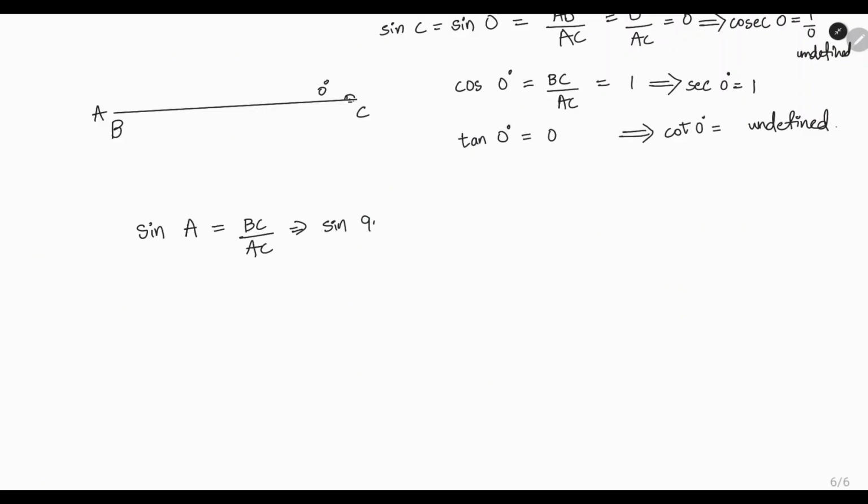So now we'll take the sine of angle A. Therefore sine of A is BC by AC, which is sine 90 is 1. Cos 90 is adjacent side AB by AC, which is 0. And tan 90 is opposite side BC by adjacent side AB, which is BC by 0, which is undefined.